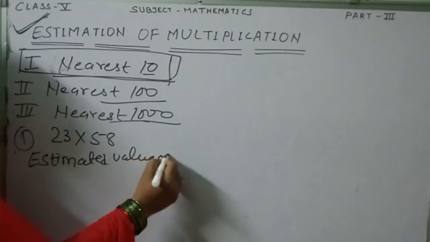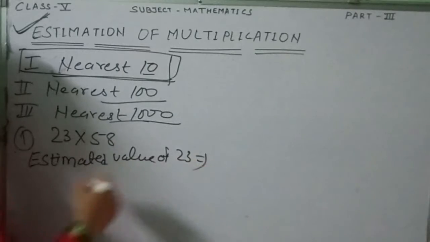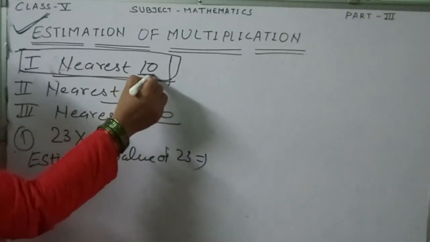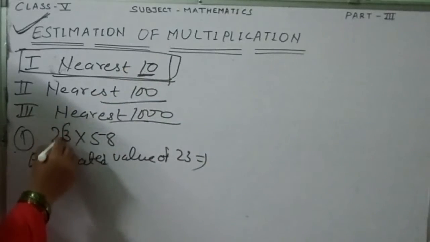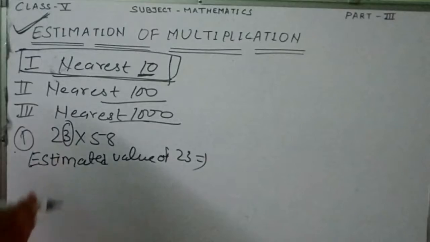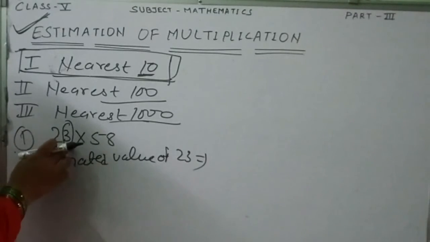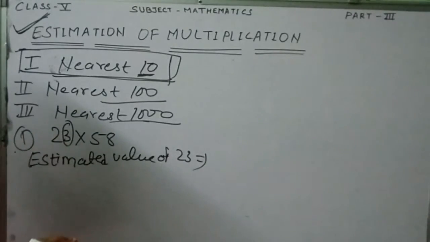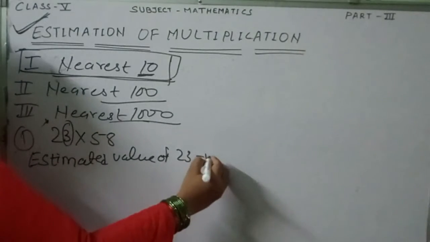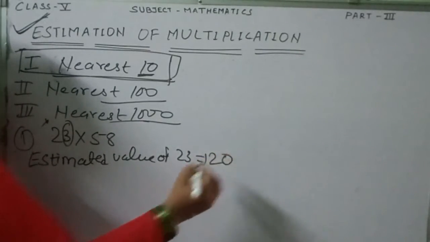What is the estimated value of 23? We have to check the nearest 10. As I told you, compare the ones digit with 5. This number is 3, and 3 is less than 5, so no need to add any more. It stays as it is: we write 2 and here 0.